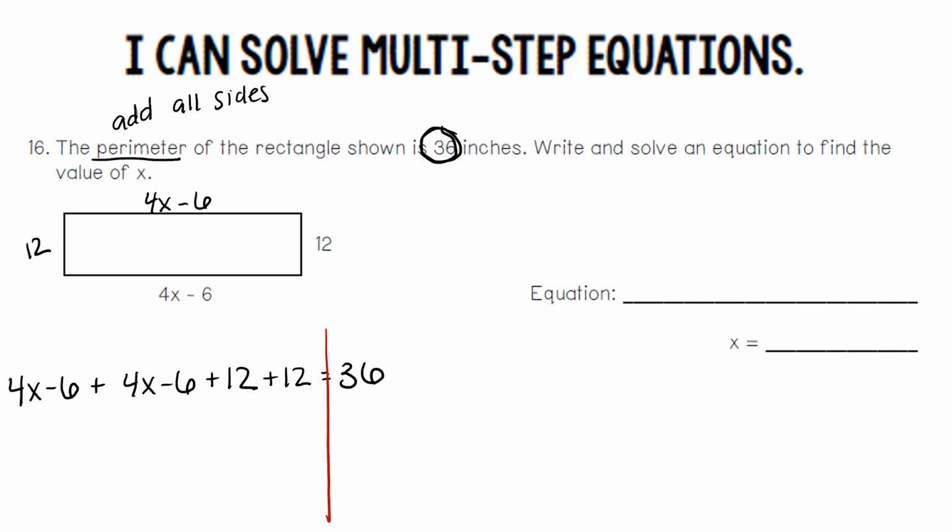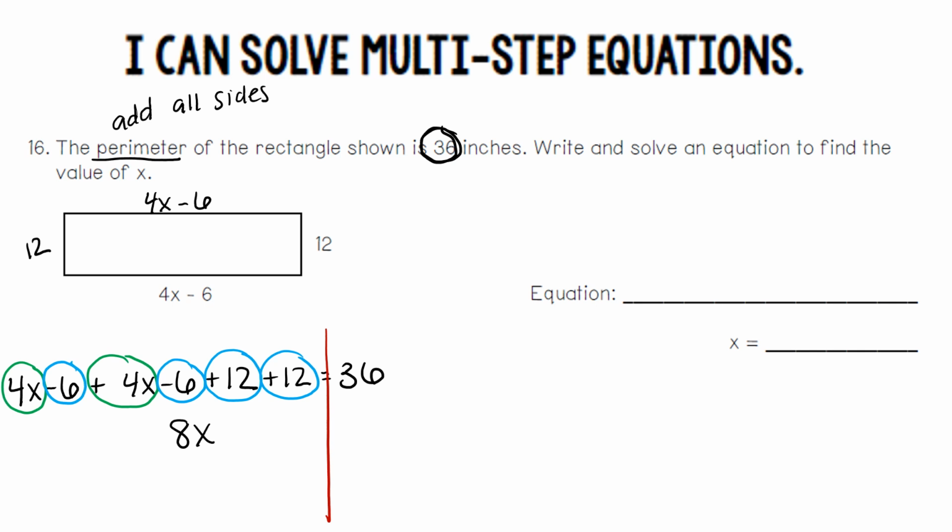Now we go into combining our like terms. Combine the 4x plus 4x because they share the same letter. 4 plus 4 gives us 8. We can also combine our whole numbers, the -6, the -6, the +12, and the +12.